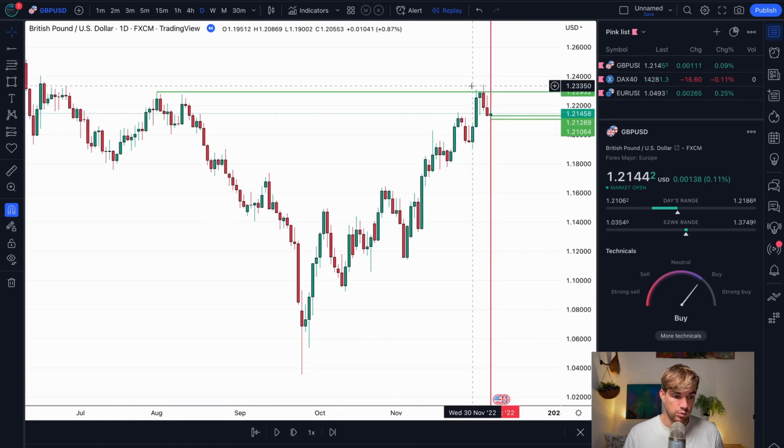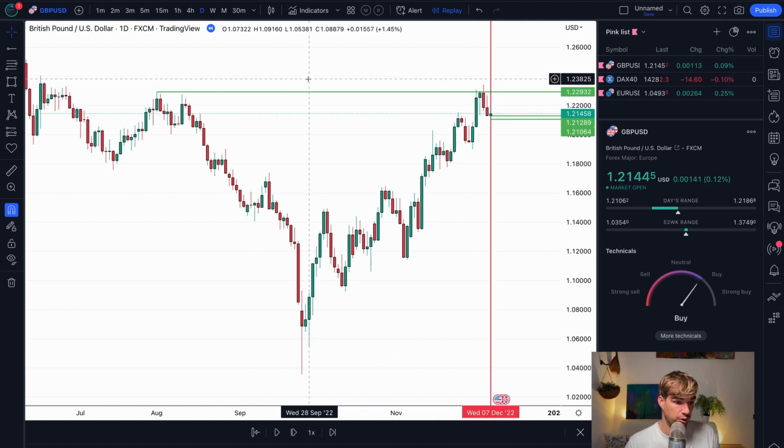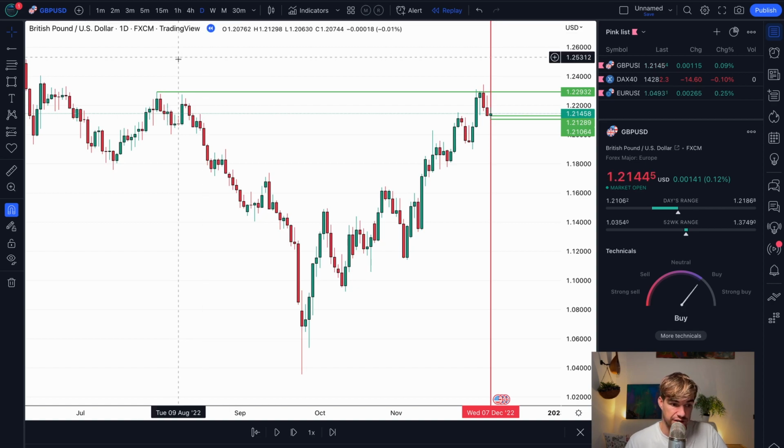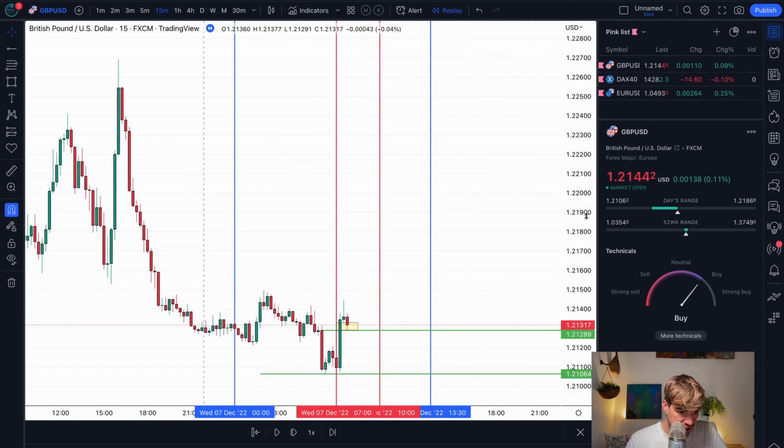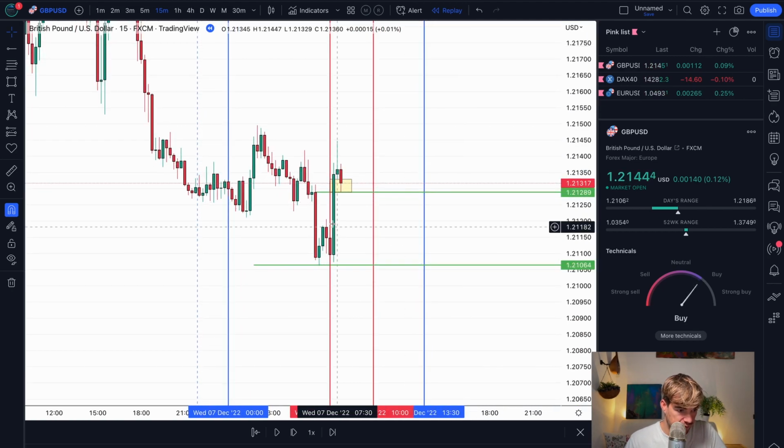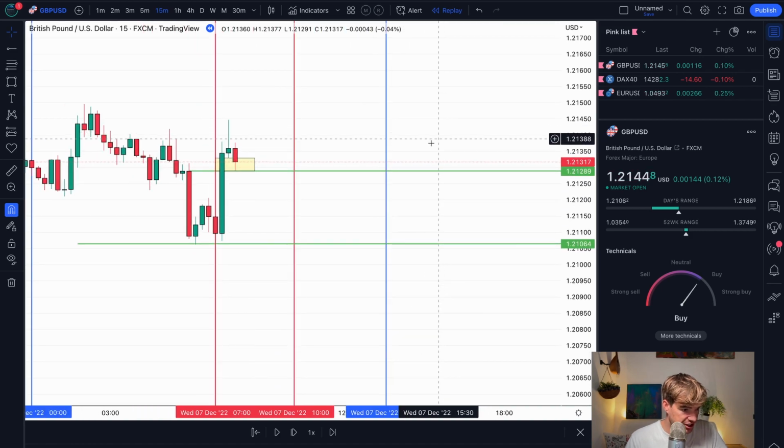And this is an area where the algorithm will want to be taking out buy stops and sell stops to reverse the price before it moves to the direction that it wants to go.